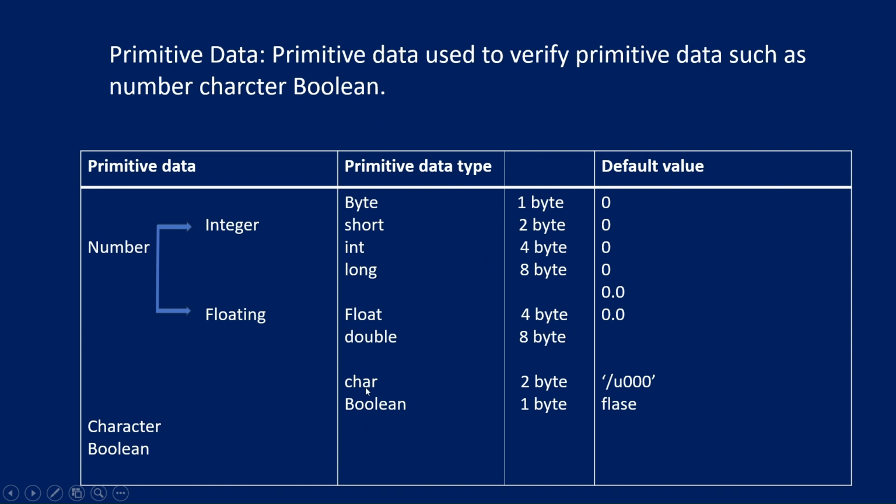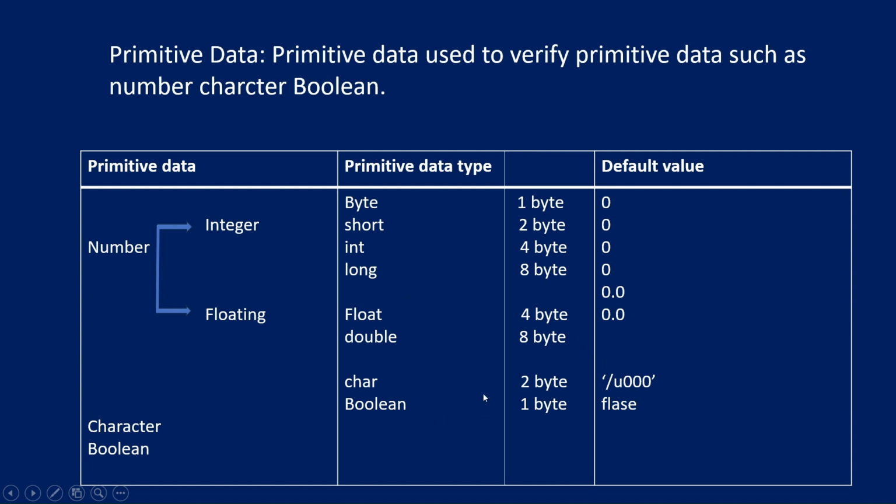Also, char has a 2 byte size. It stores Unicode values, meaning the char is written inside single quotes and is a single value, but the value stored in memory is a Unicode value, which is very long compared to int or long type data.